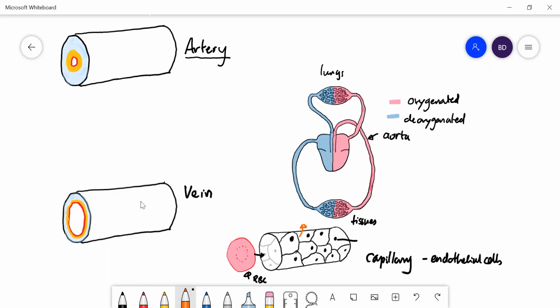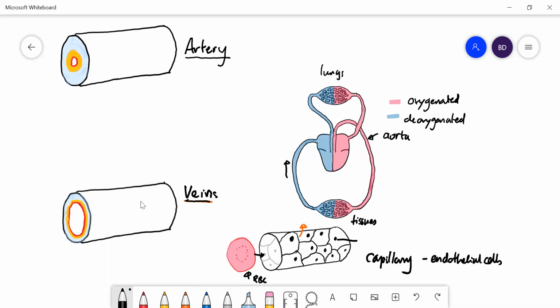Okay, so then the capillaries all join up together and eventually form small veins called venules, and then the venules join together to form veins. Okay, there. Veins carry blood back to the heart.